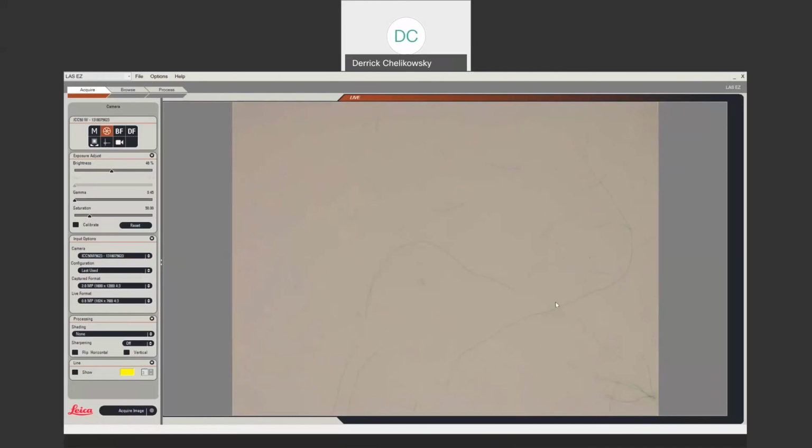And this is on 10 times. We're going to go up to 40 times. And you can see right here, this is one of the filamentous sheaths. And we're going to see if we can take a look at individual cells under oil immersion.